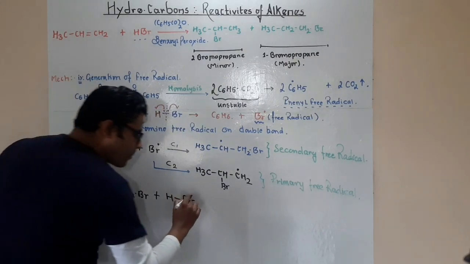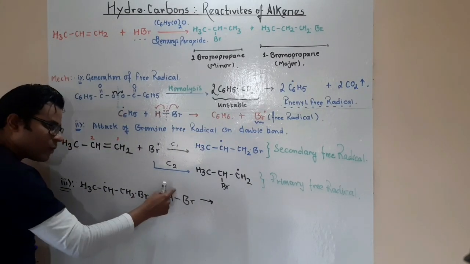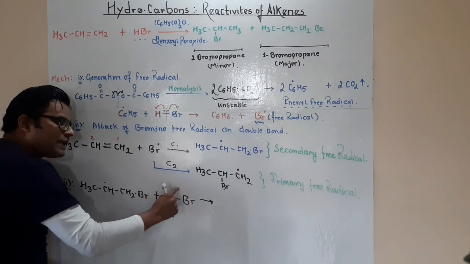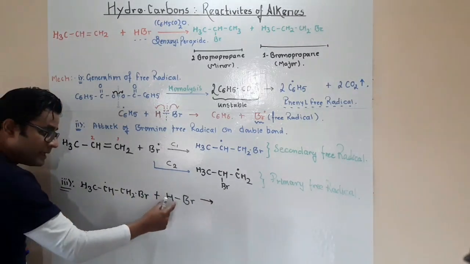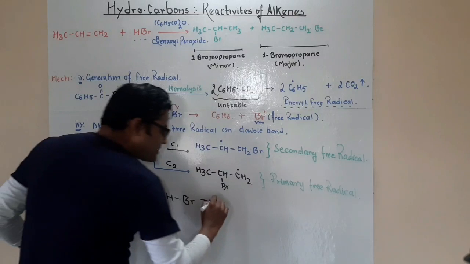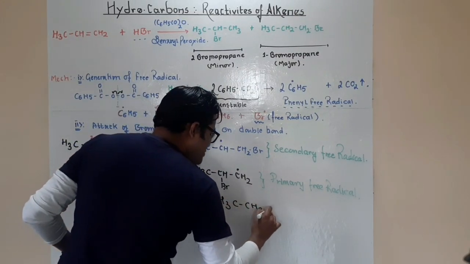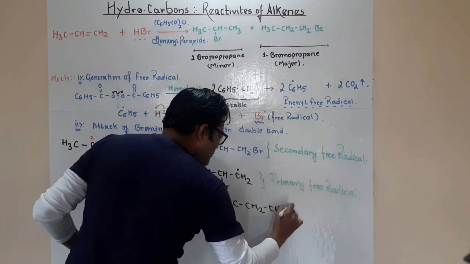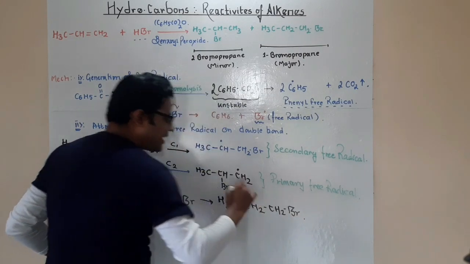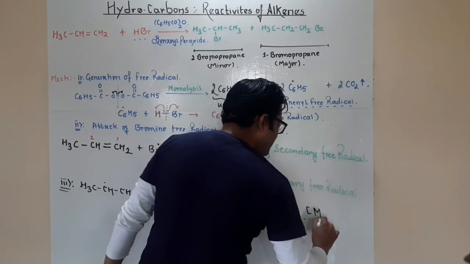That time again homolysis occurs. As the homolysis occurs, one electron comes to hydrogen, one electron goes to bromine. Now this hydrogen attaches to this carbon. So when it happens, we have CH3 CH2 CH2Br. Finished, right? So this is the major product.